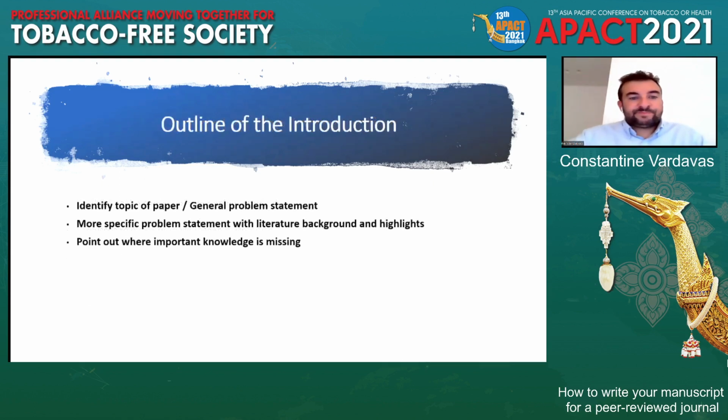So the outline of the introduction, it's important to identify the topic of the paper. So when you start off saying that, for instance, exposure to secondhand smoke is an important issue for public health. Secondhand smoke is related to a plethora of diseases.